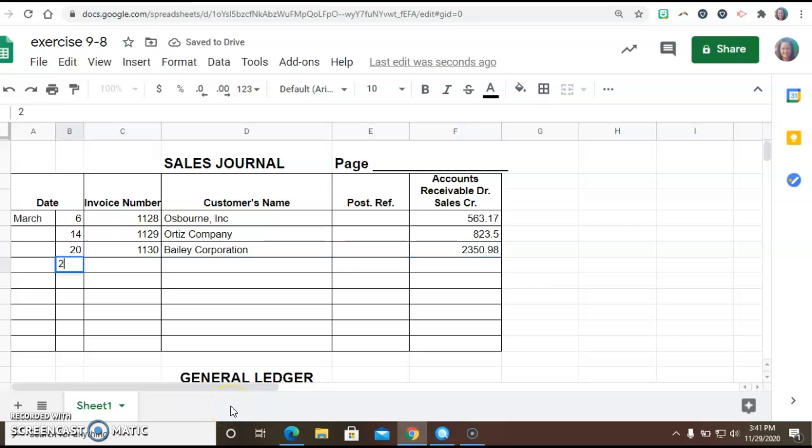And then the last transaction the book gives you is on the 24th. Invoice 1131. Sold merchandise on account to Shannon Corporation. $1,547.07.